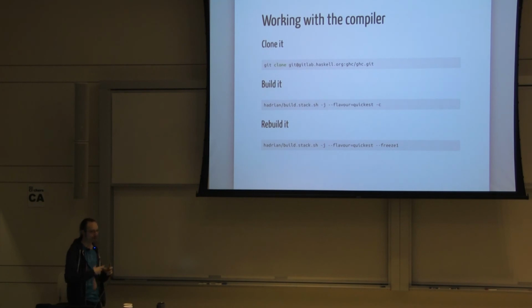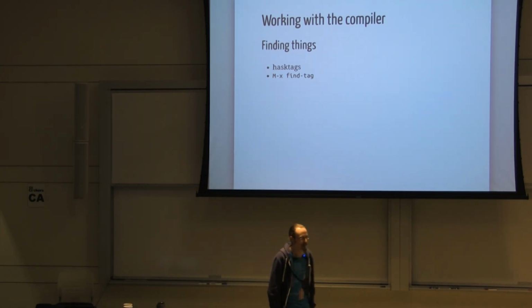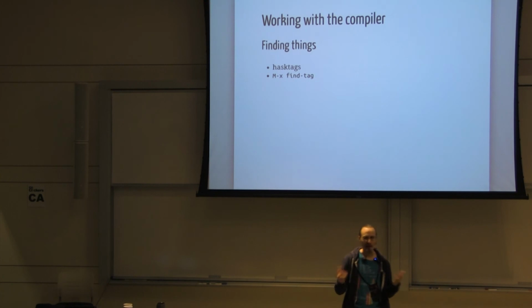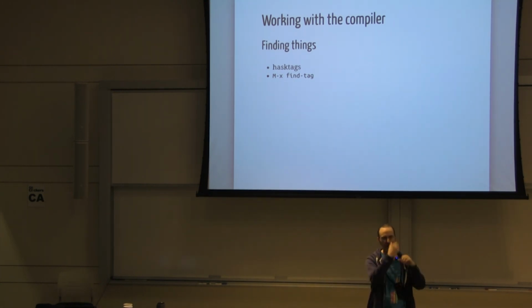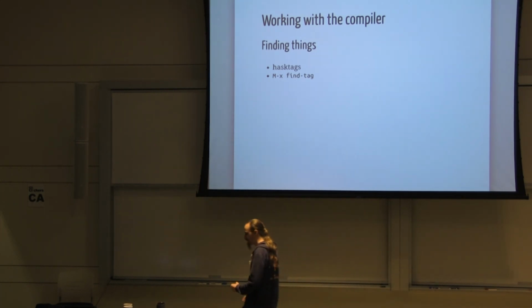So for a bit more working with the compiler, this is a very valuable tool. It's hasktags, etags. It's basically a very crude way of doing code navigation, which just runs a somewhat huge regex over your code and finds the symbols for it. And then in Emacs, you can use find tag. I'm fairly certain there's similar things for Vi.